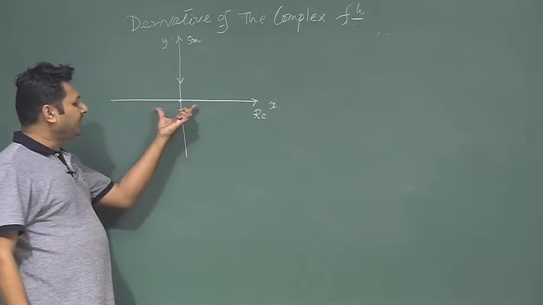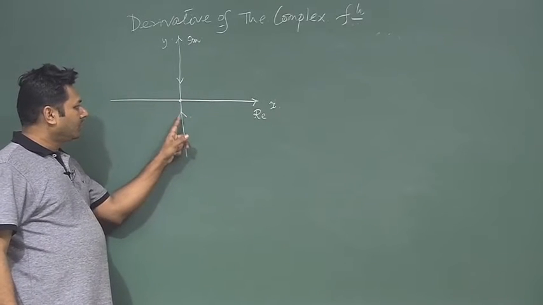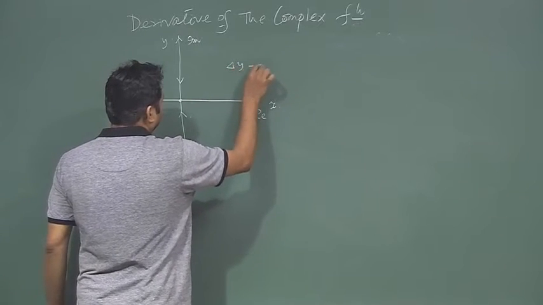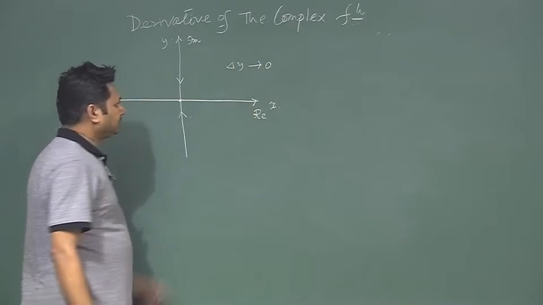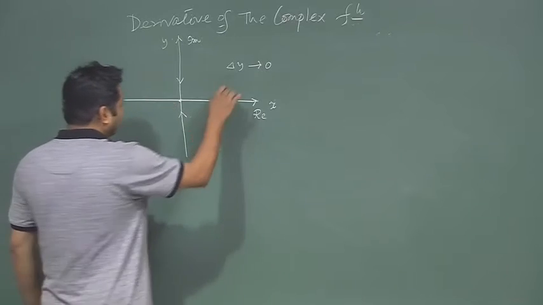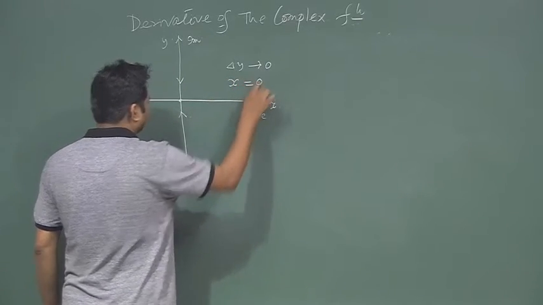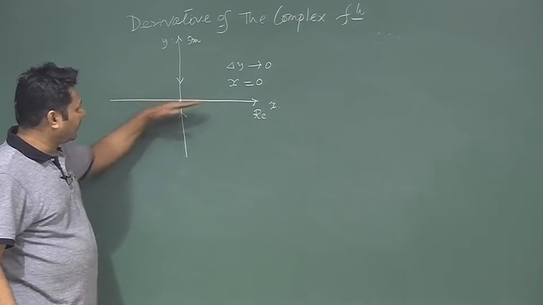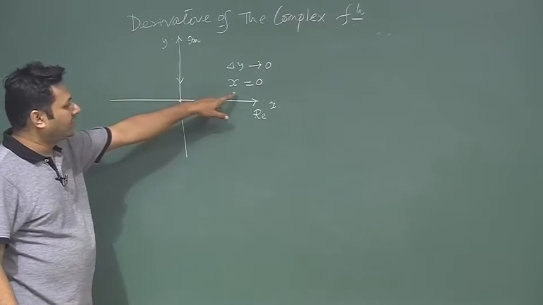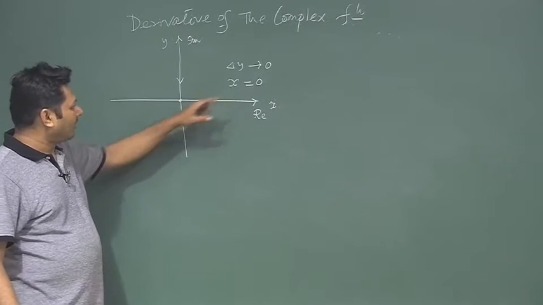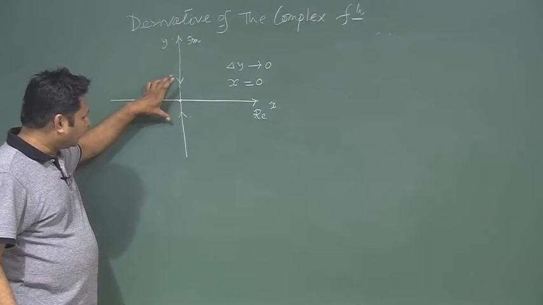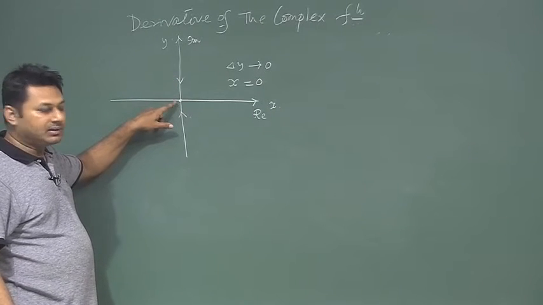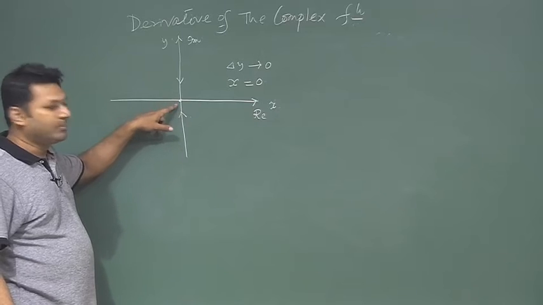One approach might be I can go from this to this, that means delta y tends to 0 and x is equal to 0. That means I put x equal to 0, that means I am not changing this point. So, along this the value is already fixed, and now I am saying that y is going to 0 along this path, so that the point ultimately reaches some point here.